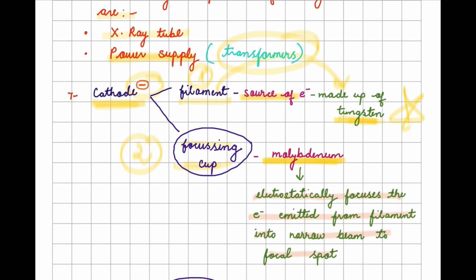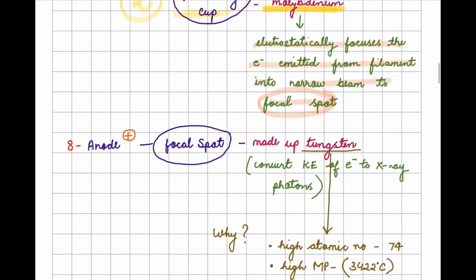So it focuses the electrons that are emitting from the filament into a narrow beam and it targets it to the focal spot.